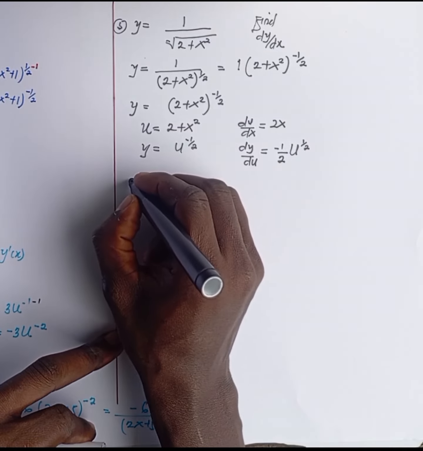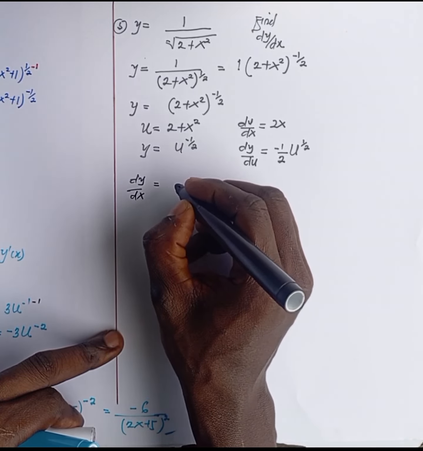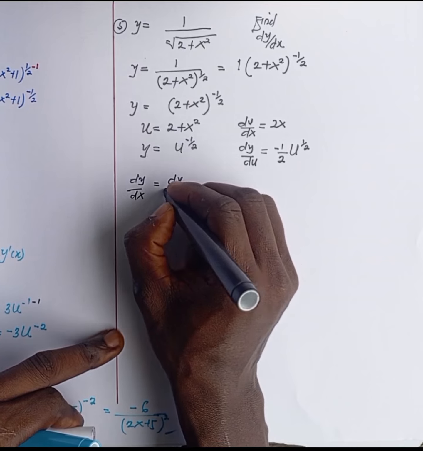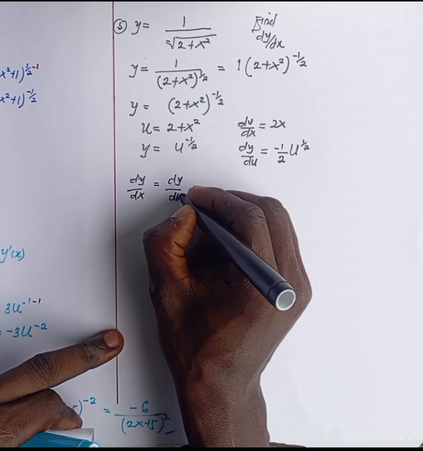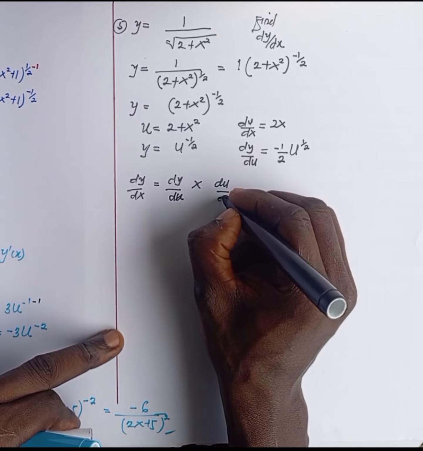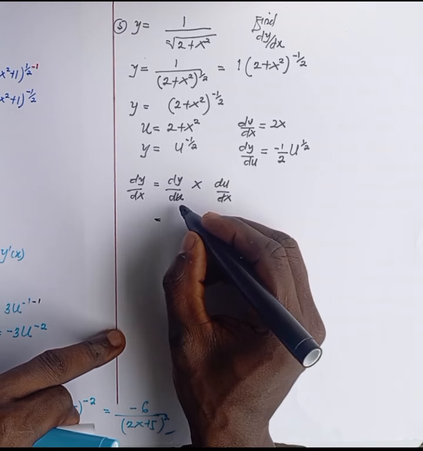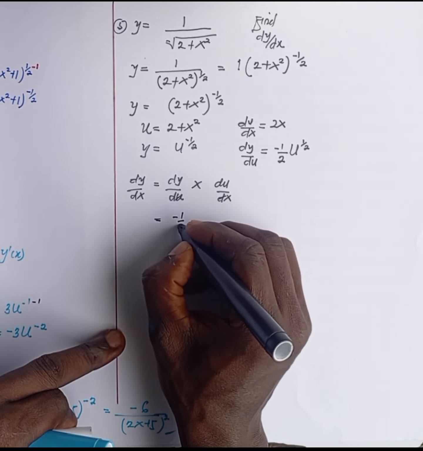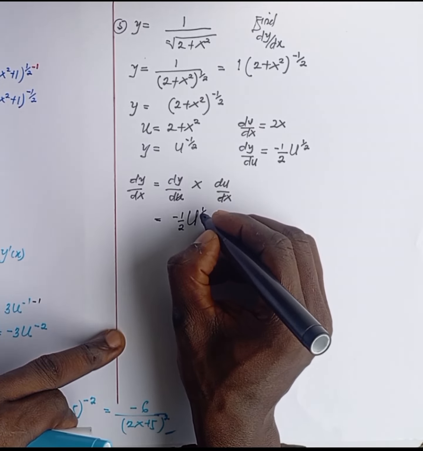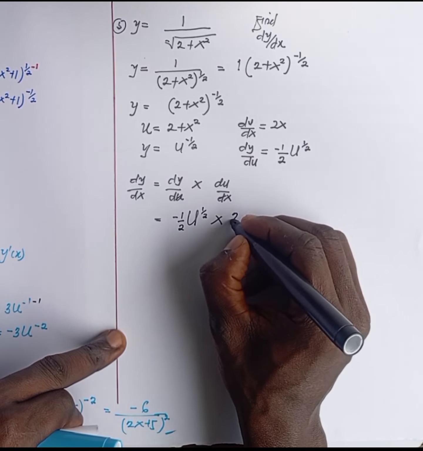So we know that dy/dx is given as dy/du times what? du/dx. And we know that dy/du, we had minus 1 over 2 u exponent 1 over 2 times du/dx, we are getting 2x.